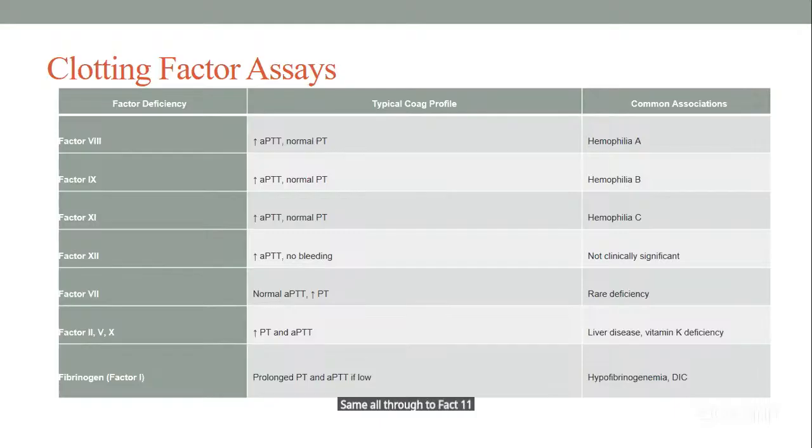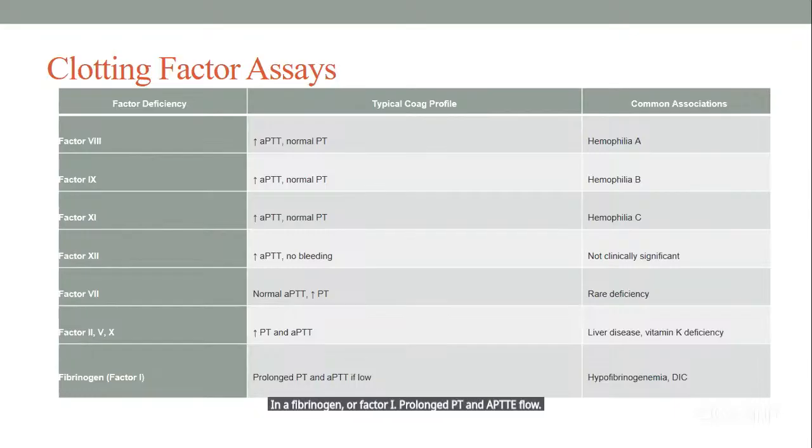In factor 2, factor 5 and factor 10, you will realize PT is high and APTT is also high. In factor 7, normal APTT with a high PT. In factor 12, high APTT with no bleeding. In fibrinogen or factor 1, prolonged PT and APTT if low.